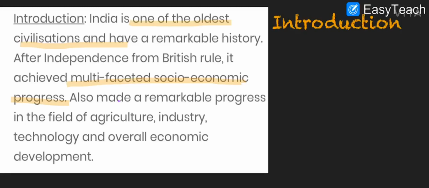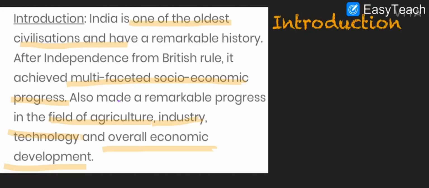Use this phrase in your answers and you are going to score full marks. It also made remarkable progress in the field of agriculture through the Green Revolution, industry, the Industrial Revolution, technology and overall economic development. Right? So this is a short introduction of the lesson.